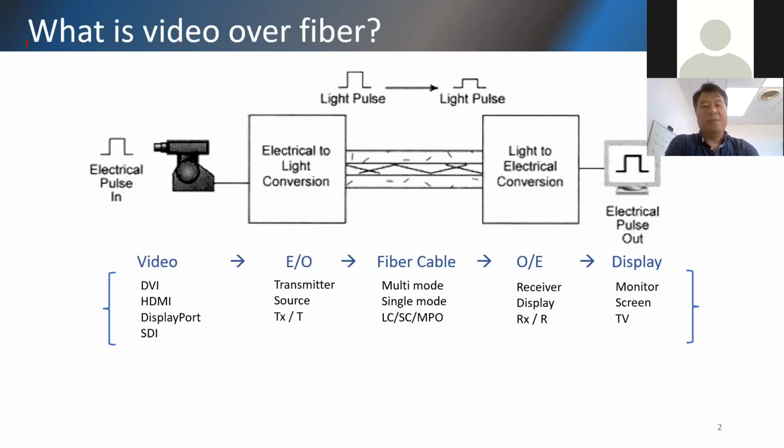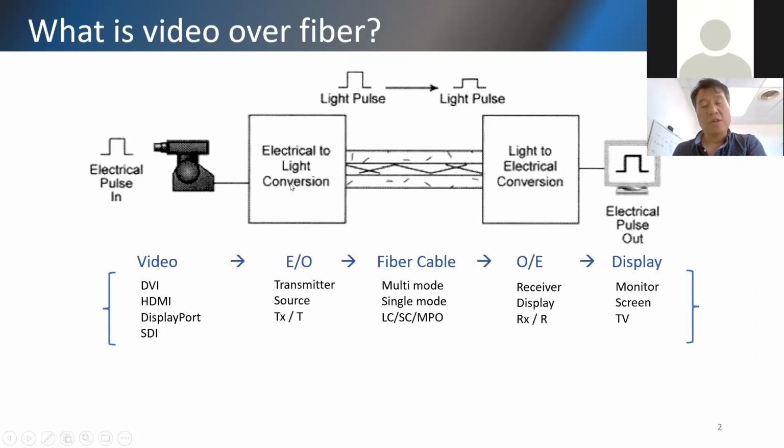I'm going to keep this very basic, so let's first talk about what video over fiber is. Pretty simply, you have some type of signal coming in from the left, usually a digital signal. Internally we call this electrical to light conversion.